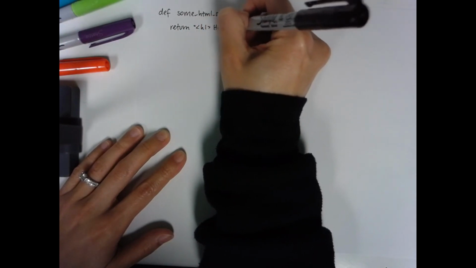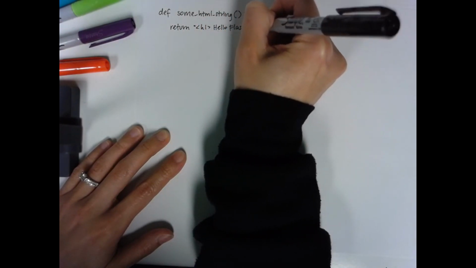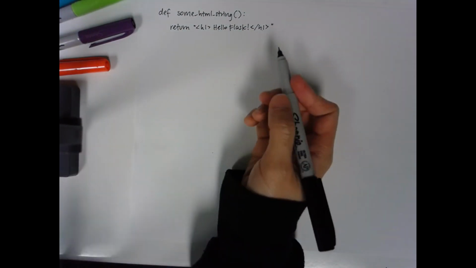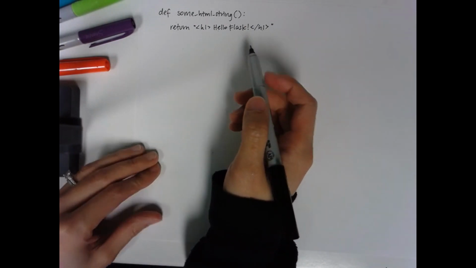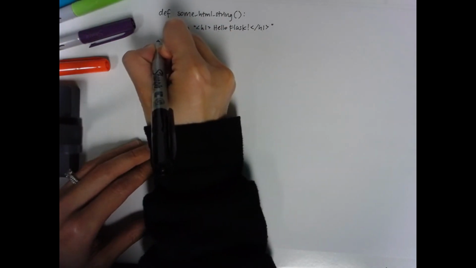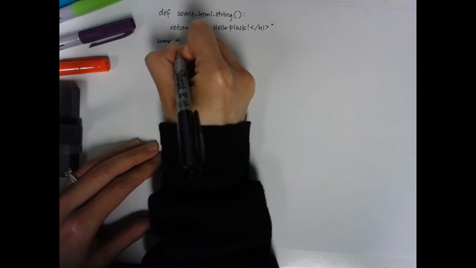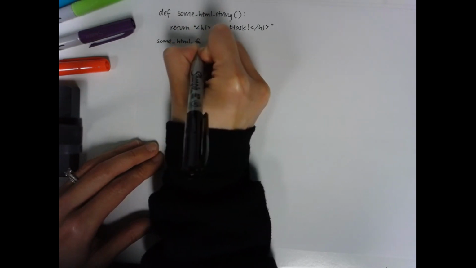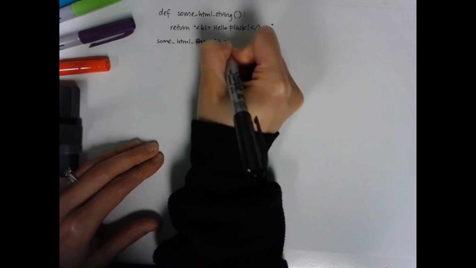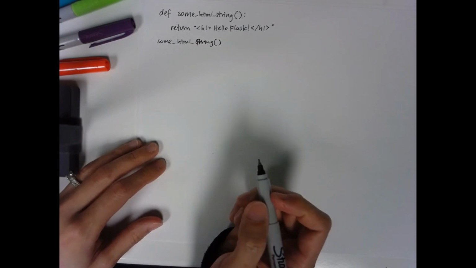It says, hello, Flask. To Python, this is just a string, but to us, we recognize that that looks kind of like HTML. If we wrote this file, we would call it by simply naming the function and invoking it, like so.